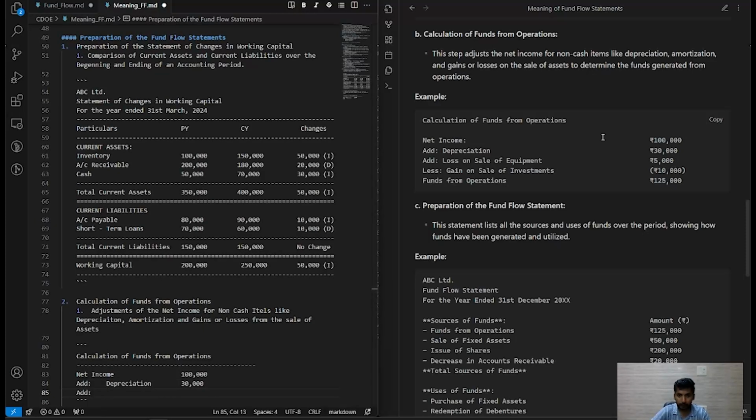After that, we will add if there is any loss on the sale of investment or equipment.